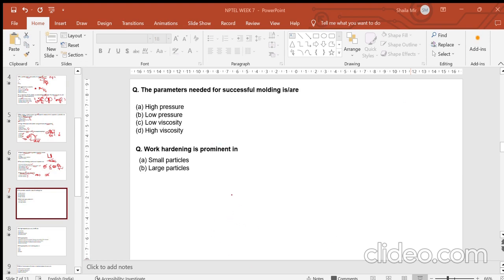So first you can calculate the critical speed. You can take 2 minutes and then calculate.